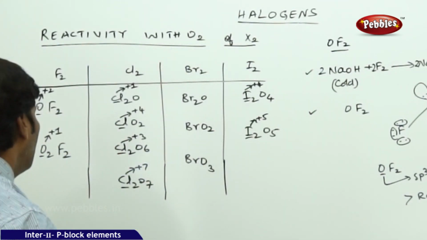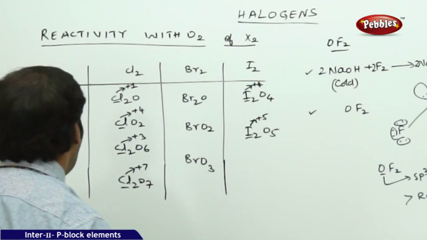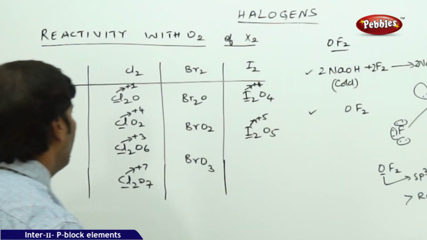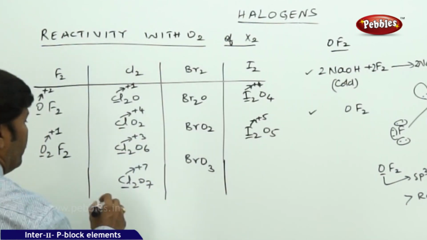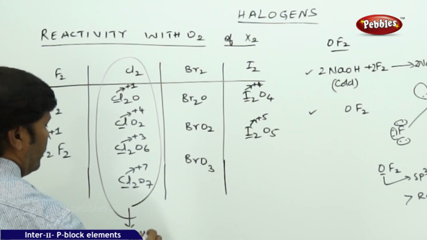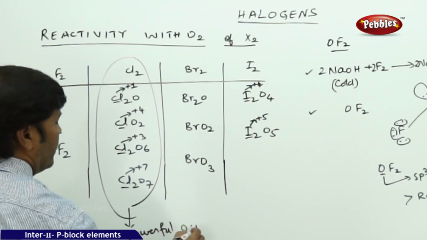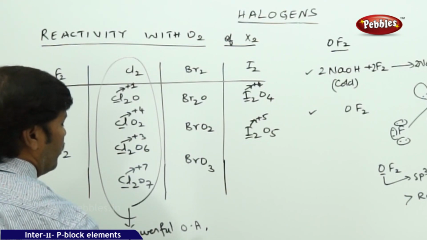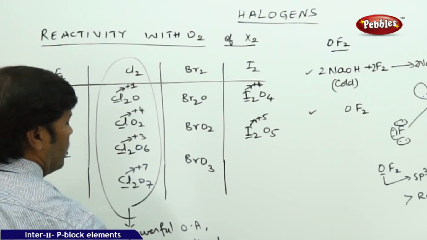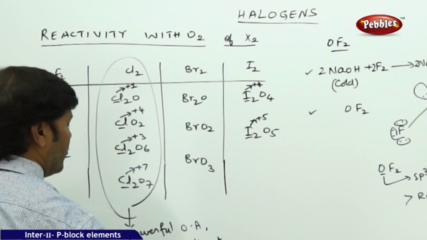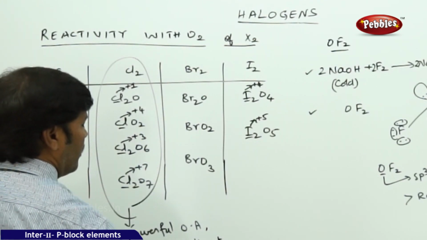And likewise, O2F2 you can also prepare directly by silent electric discharge. It has an open book structure. Then if you take Cl2, particularly the oxides of chlorine, they are powerful oxidizing agents. They disproportionate, and they form oxyacids when hydrolyzed.